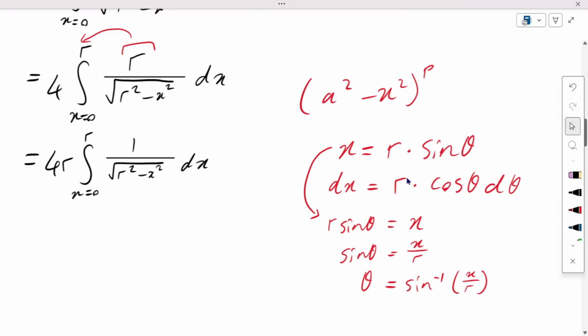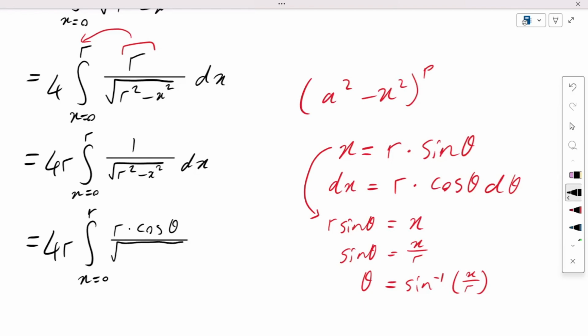Now we can do the trig substitution, because we have x, we have dx, and we have theta. Great. Now this is equal to 4r multiplied by the integral from x equals 0 until r, and then we have r multiplied by cosine theta divided by the square root of r squared, which is still the constant, minus x squared.